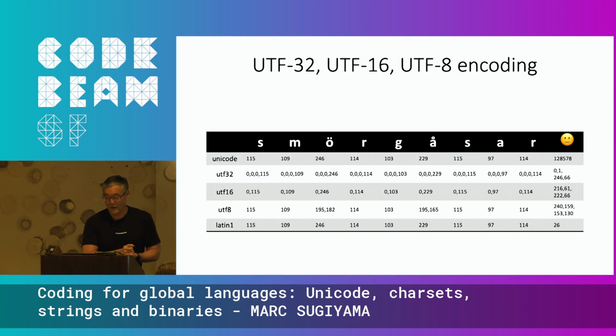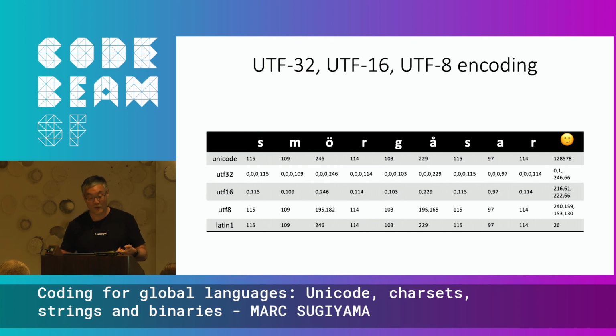So here's that example again, using the Swedish word for sandwich, is that right? Yeah, sandwiches, yes, in the different encodings. So the first line is showing what the Unicode code points are for all of those characters. And then the UTF-32, 16, and 8 lines are showing how those characters would be serialized into bytes, right?